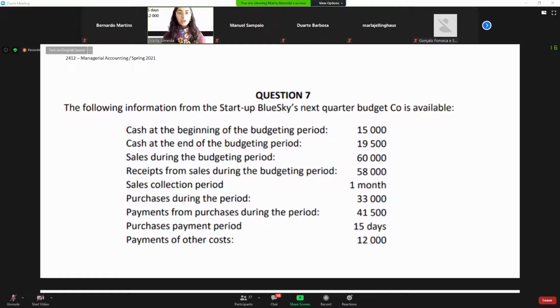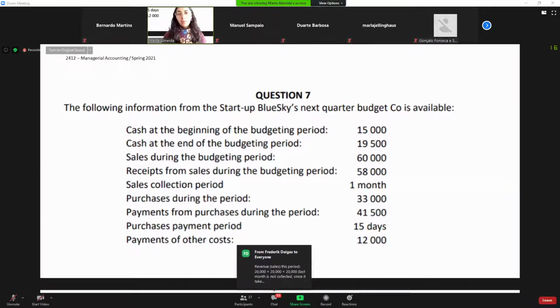So it's the same rationale, but as receivables is the amount that the company expects to receive, the cash inflow, payables is cash outflow, the amount that the company expects to pay. Payables at the beginning of the period is how much the company is owing to suppliers at the beginning of the period, so January 1st.